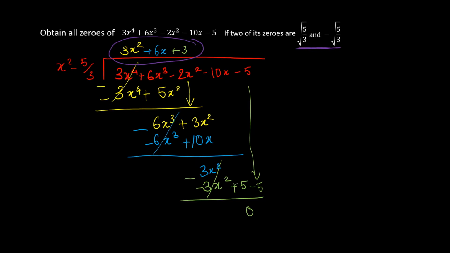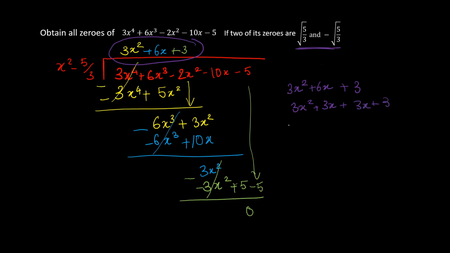Now if I factorize this equation, then I get the other two zeros of this polynomial. So let me factorize this. That's 3x square plus 6x plus 3. I'll divide 6x as 3x and 3x, right?